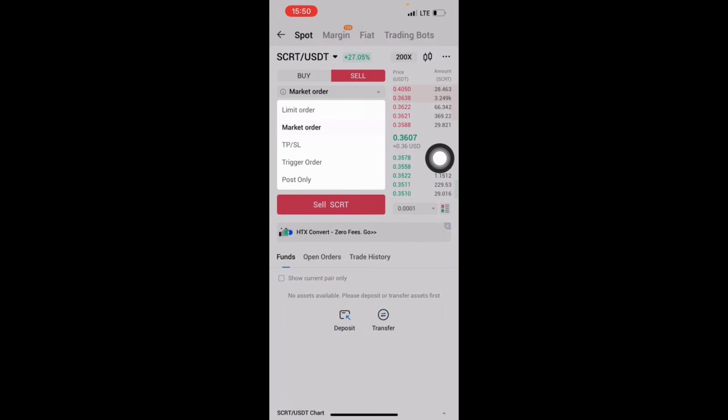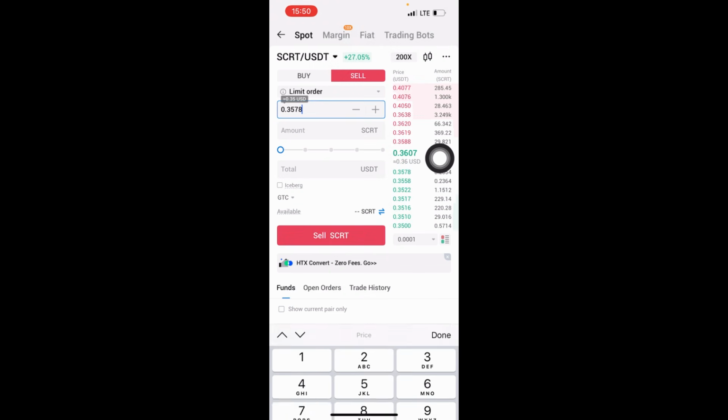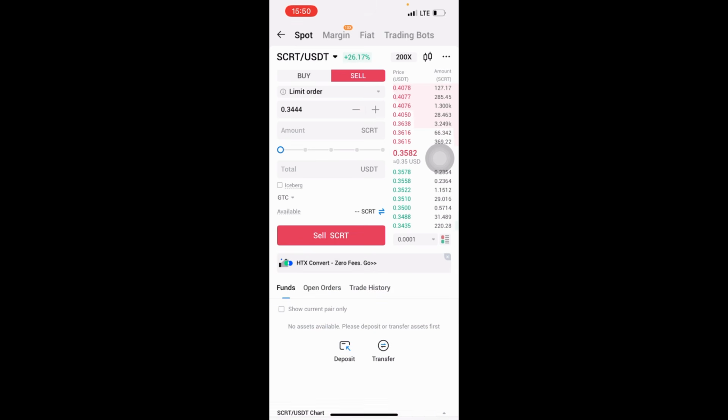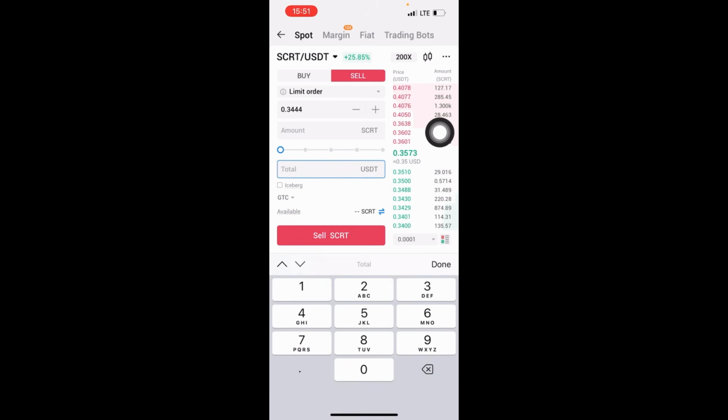But when it's on limit order, let's say 0.3444, and you initiate a sale of Script, it will not sell until it gets to 0.344. That's what people don't know. So if I set this one and I enter 100, you see that I'll be earning more profit.